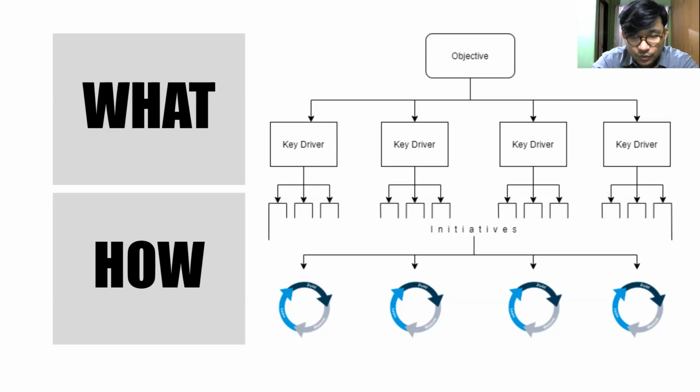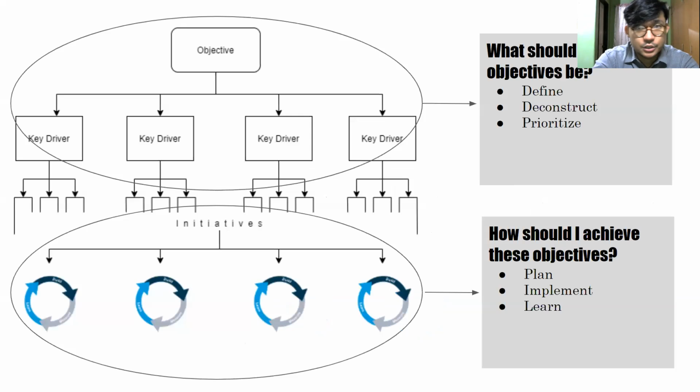This is also very related to what I mentioned in the course outline, the intro to Opman 120. I will be teaching you a framework, a step-by-step process, to come up with your own strategy. For this portion, your objectives and your key drivers, your main tasks are really to define, deconstruct, and then prioritize.